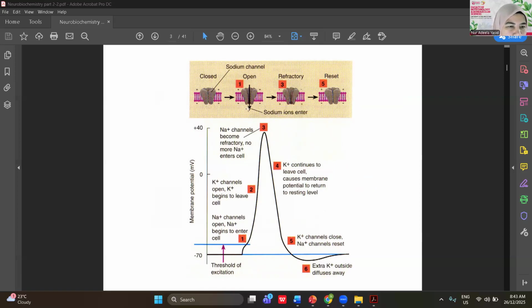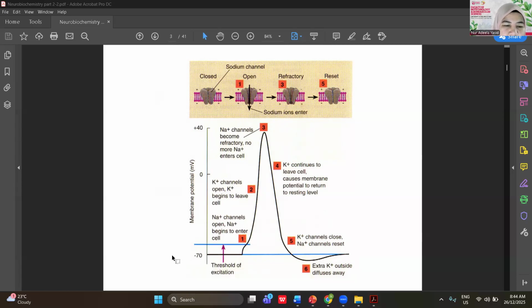Let's look at the resting membrane potential, which is at minus 70 mV. At this resting condition, the inside of the neuron is negatively charged relative to the outside.